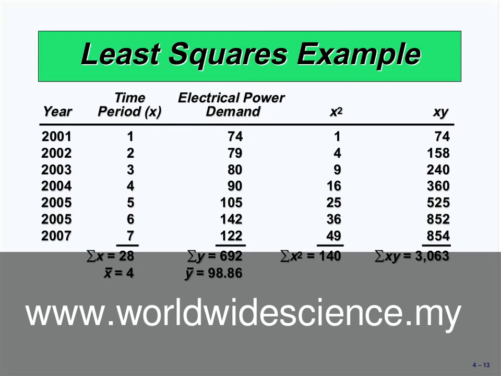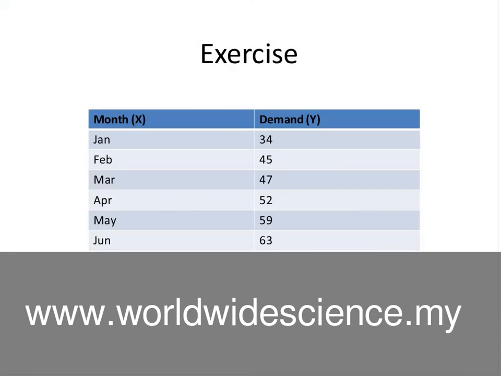X is the time period, both in the formula and in the linear equation. In our example it is the month, but in this slide, X is the year. It is a period of time. It can be month, it can be year.